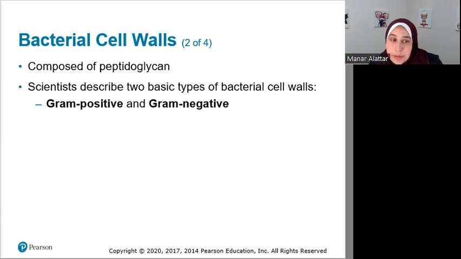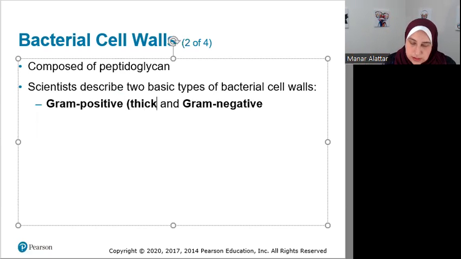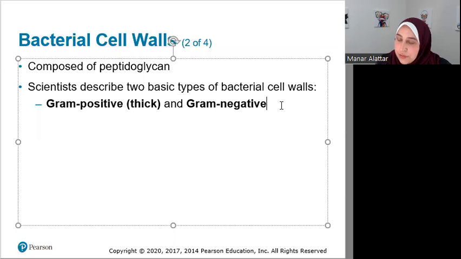Whether an organism is gram-positive or gram-negative, they have a cell wall made up of small sugar components that are organized together. If it's a gram-positive organism, that cell wall is very thick. If it's a gram-negative organism, that component of the cell wall that has those arranged sugars is thin, but it does actually have an additional layer on top, which we'll get to, to protect that thin cell wall.